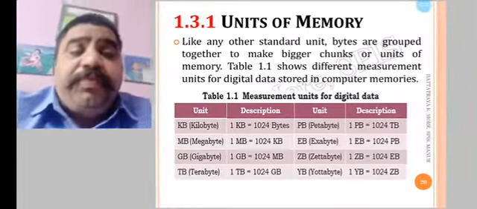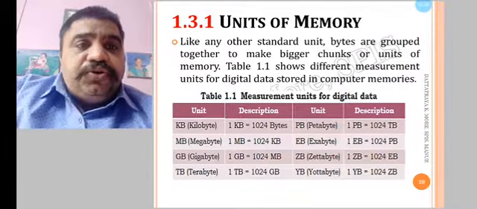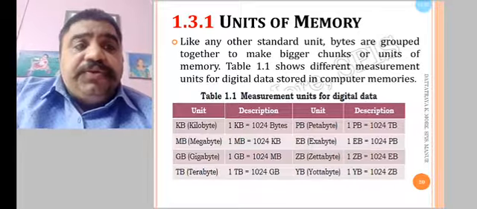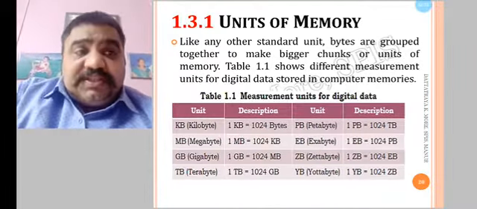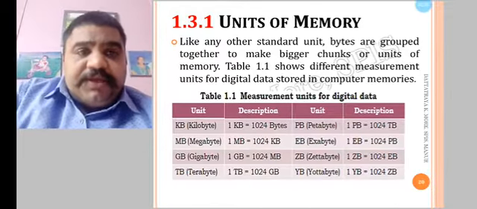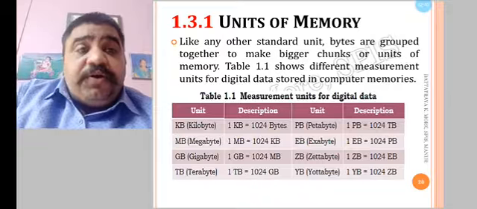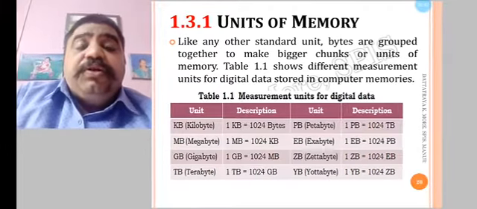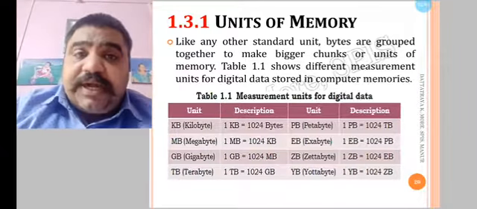So for the units of memory, I have prepared a chart over here to show you. Like any other standard units, bytes are grouped together to make larger chunks or units of memory. In the table, different measurements of units for digital data stored in computer memories are shown. Now see the measurement units of digital data.